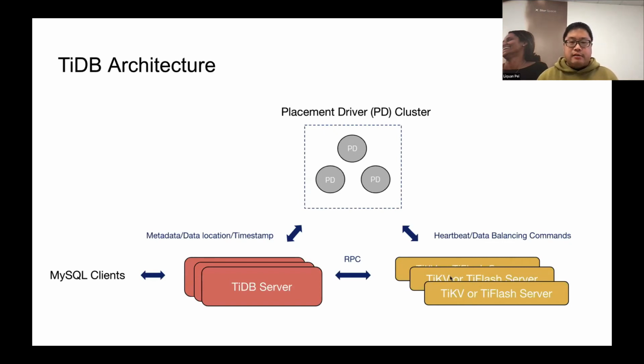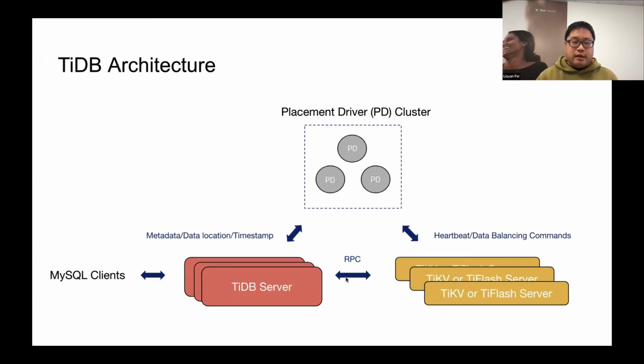But the nice thing about it is that if people are familiar with analytical databases, analytical databases are usually designed to use column store, and column store is really good for scans of some of the fields over a large range of data. So that is what the column store is good for. And TiKV is a row store, and TiDB actually supports global secondary indexes on top of it.